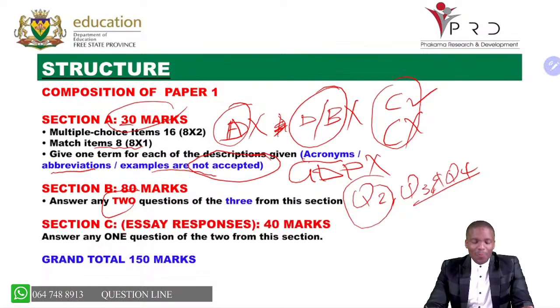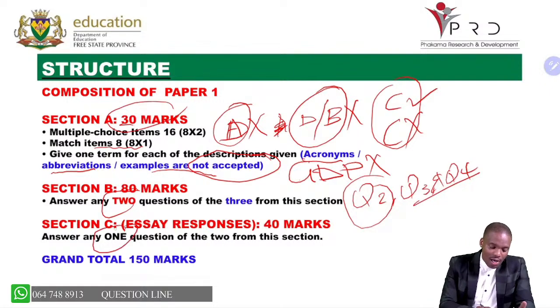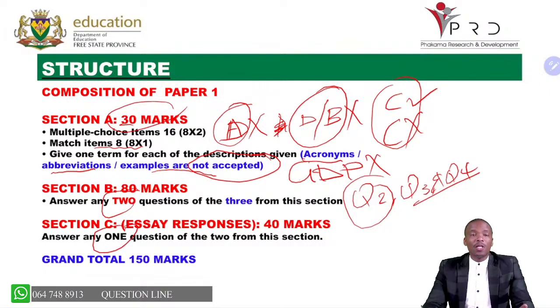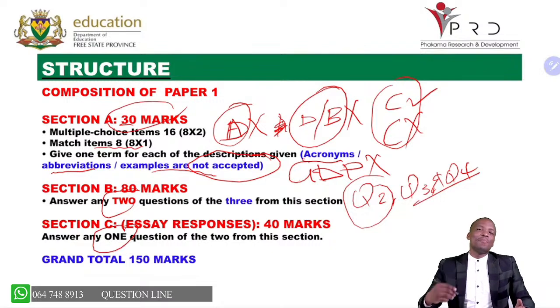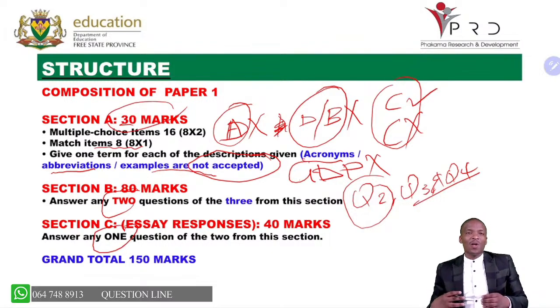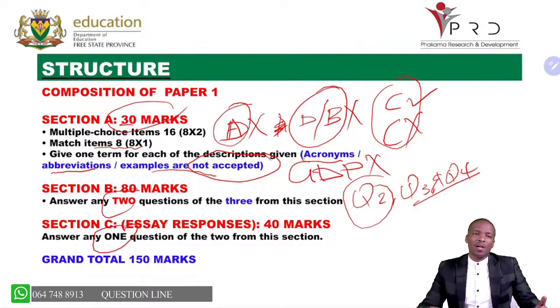Then section C is your essay type of question or essay response question, where we said here you answer one of the two questions. Now, when you get to question 5 and 6, learners, the mistake that happens is that you don't even number your questions. We are not sure whether you're answering question 5 or question 6.